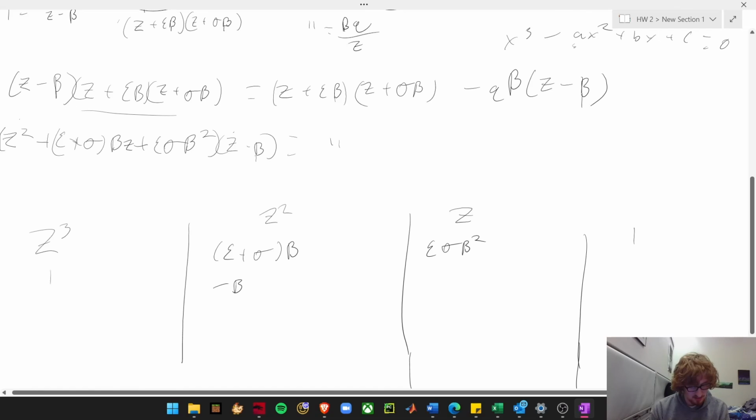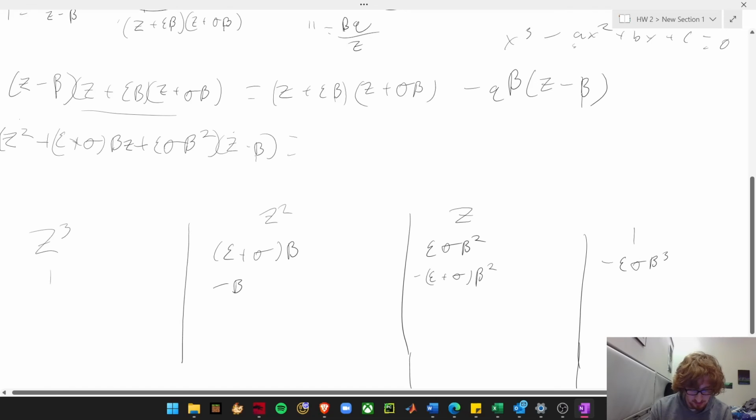Then we are going to have negative epsilon plus sigma beta squared times z. And then finally, we're going to have a negative epsilon sigma beta cubed. And then we're ready to move on to the right-hand side.